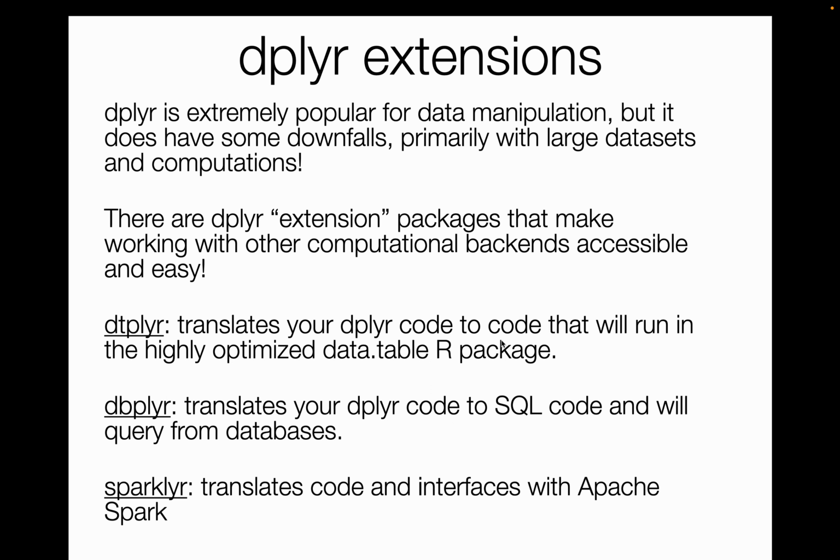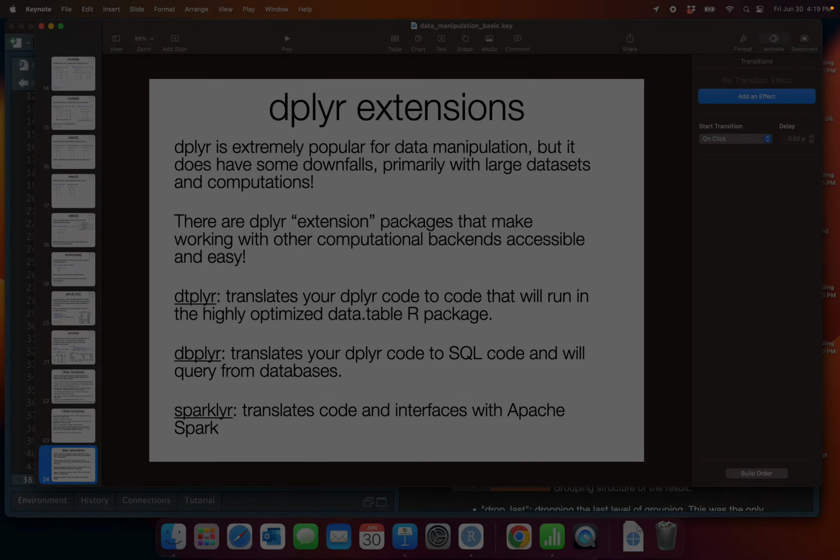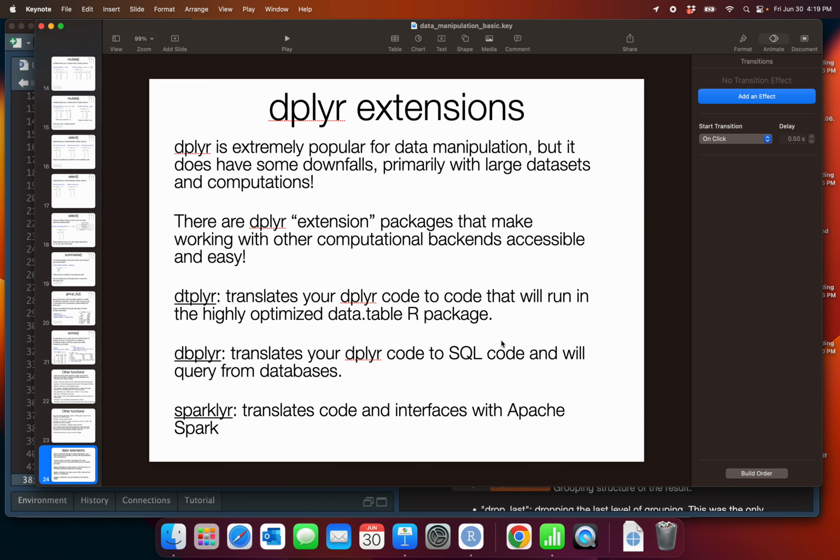As I said before, these work like SQL. And in fact, if you want to write dplyr code that will then be turned into a SQL query, it does that with dbplyr. And then there's sparklyr, which translates code and interfaces with another thing that is faster and is in the big data world, which is Apache Spark. Okay. And so that is the end of my dplyr slides.